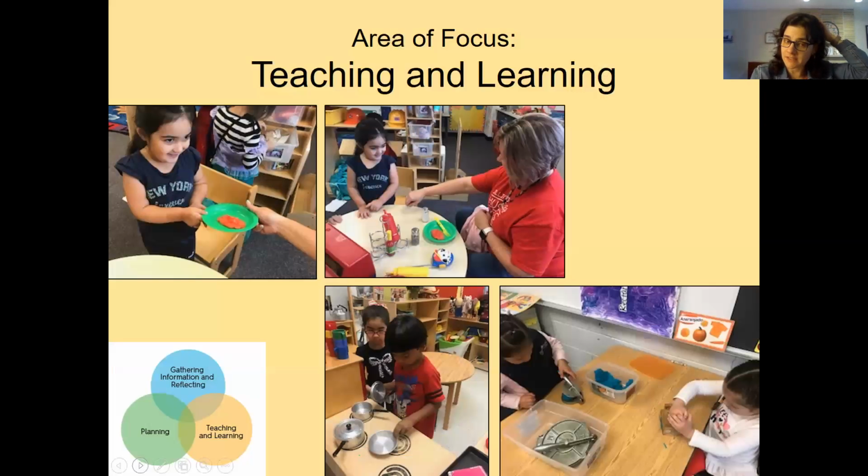All right, teaching and learning. This is the last area of focus in the Essential Actions Toolkit. Here we have some photos of children in actual preschool classrooms where you can see they're engaging in different types of play. The important part to note is that this particular teacher was talking to this child, and it doesn't show very well on the screen, but this child has Mehndi, or henna, I should say, on her hands, some leftover temporary tattoos from a family party she had gone to over the weekend, and the teacher was asking about them.